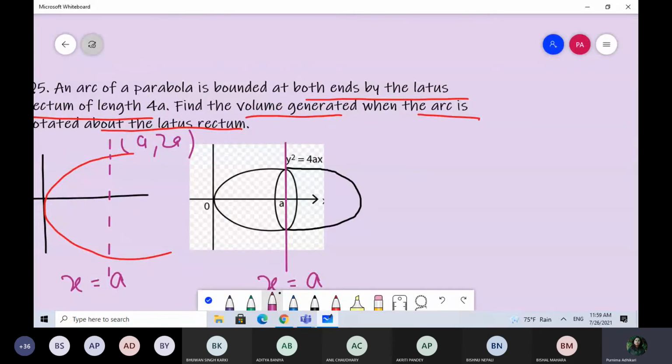Volume, as soon as we say volume, we apply pi r squared h. Yes, from pi r squared h, let us calculate and find out r and h ourselves. What will be your r? What will be your h?